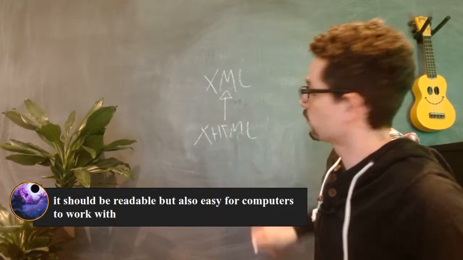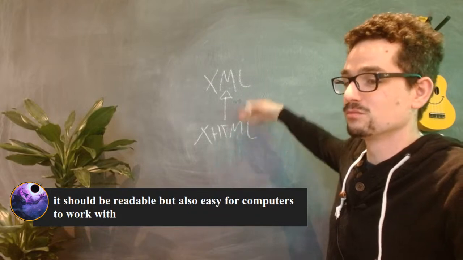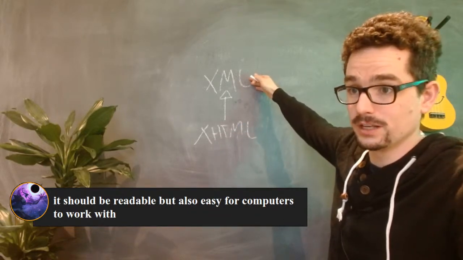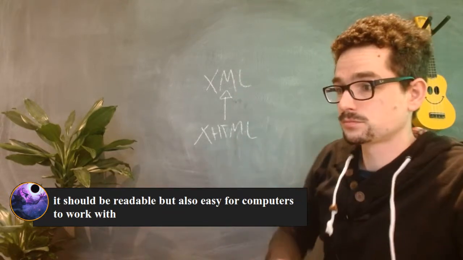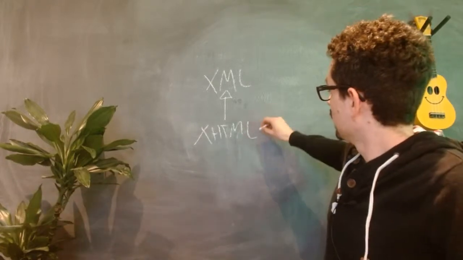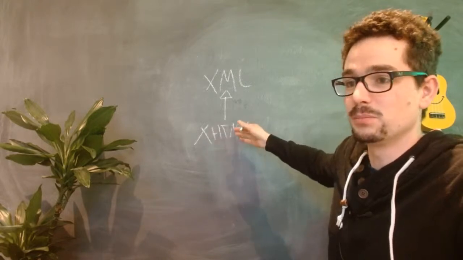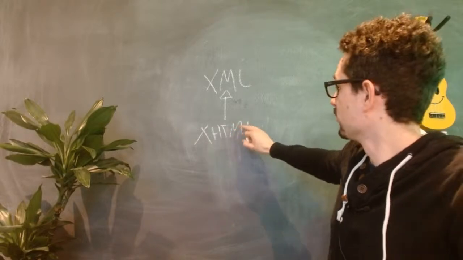XHTML is a special form of XML. That means it is a valid, a well-formed XML document. Let me remove this question here. And it has specific elements. P for paragraphs, LI for list items, and so on.